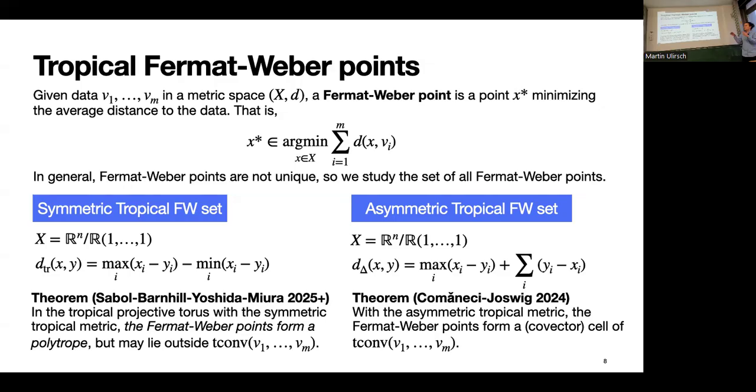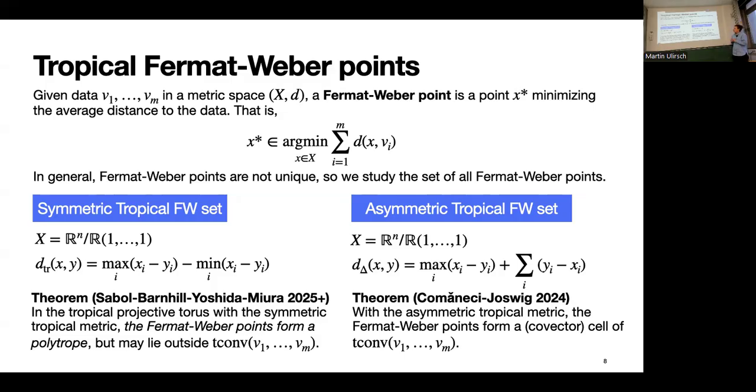They found that the tropical Fermat-Weber set in this case is a polytope, but it might not be contained in tree space. And this is a more refined result, the newest version: the Fermat-Weber points form a polytrope, but they can lie outside of the tropical convex hull of the data, and so they can also lie outside of tree space.